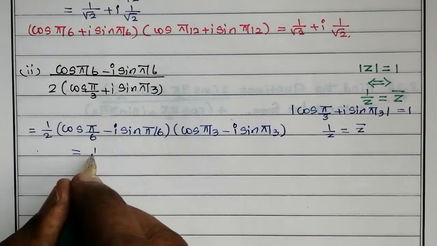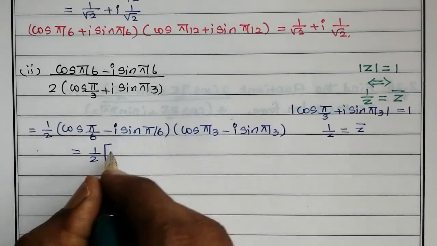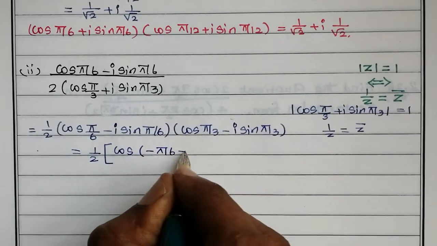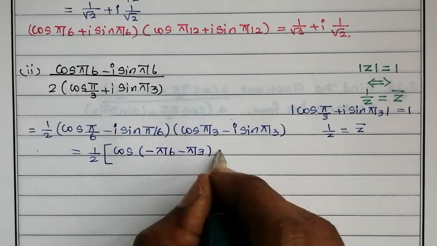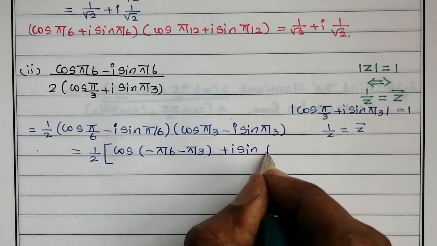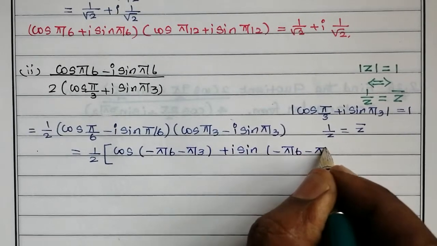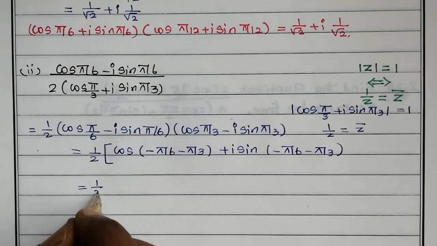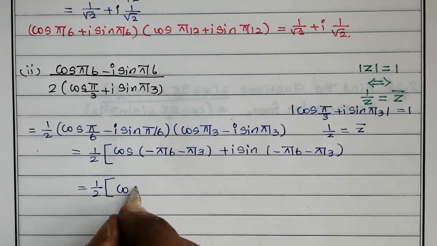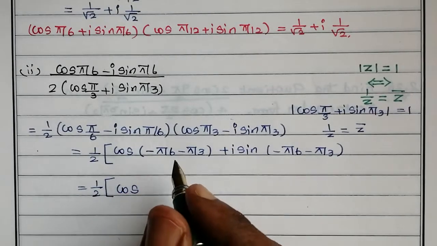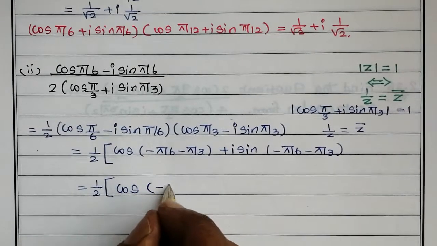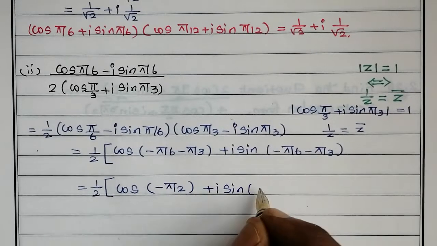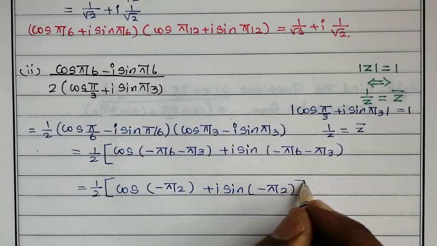Now both arguments are negative, so we can add: minus pi by 6 minus pi by 3 plus I into sin of minus pi by 6 minus pi by 3. So this is 1 by 2 into cos of minus pi by 6 minus pi by 3, that is minus pi by 2, plus I into sin of minus pi by 2.